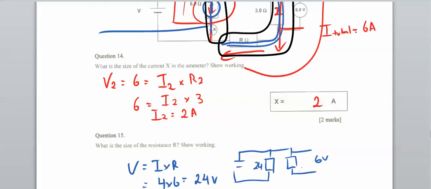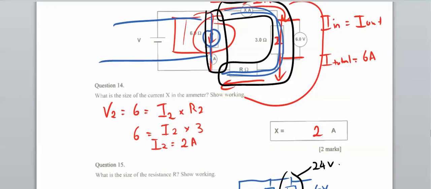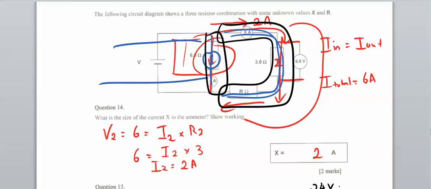This whole arrangement needs to be a total of 24 volts, because in parallel we have the same voltage across them. So that means this resistor here has to have 18 volts across it.